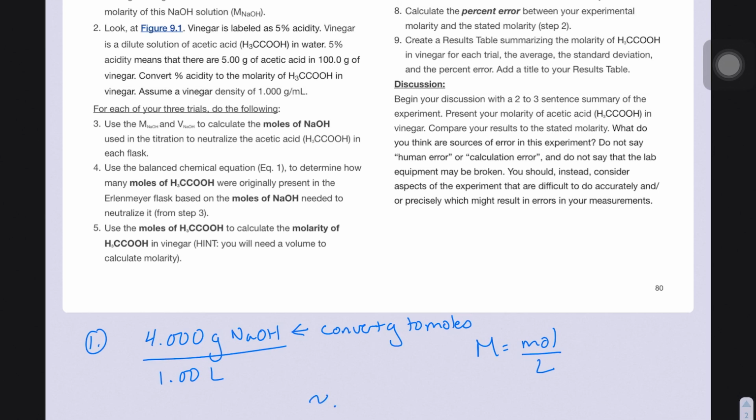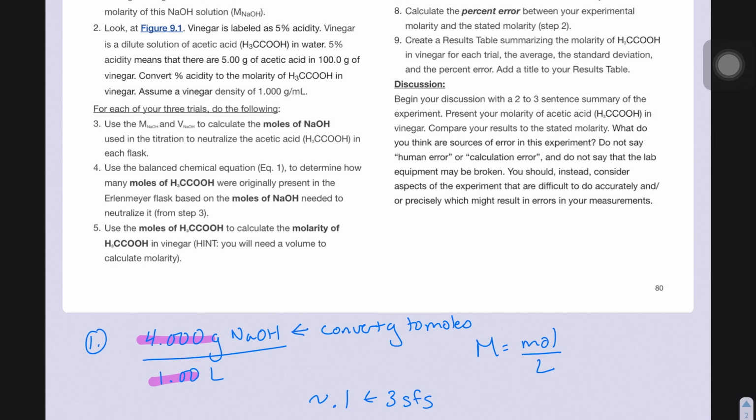I've told you the answer is going to be somewhere around 0.1 molar. As far as sig figs go, remember, 3 sig figs here, 4 sig figs there. With multiplication and division, you want to round to the lowest number of sig figs in your variables. So this answer has to have 3 sig figs when you finish with your calculations.